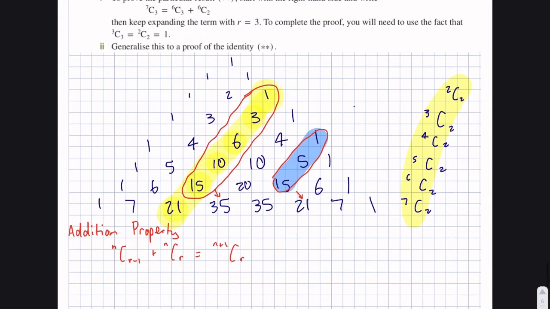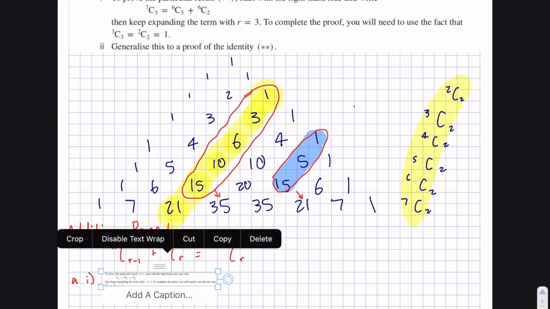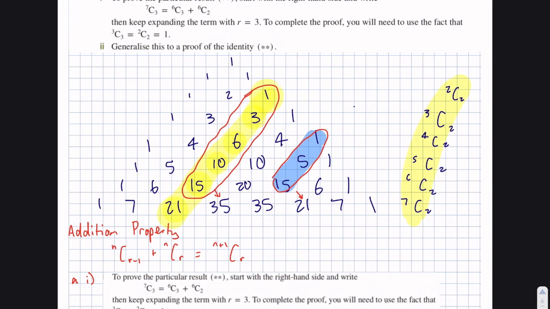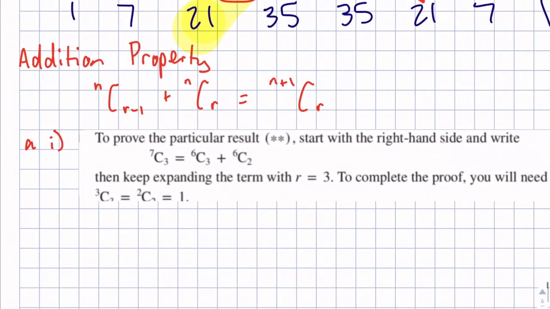Okay, so for question A, they're saying that we're going to do this. Let me copy this. I'm not quite sure where I'm going with this, but we'll find it.